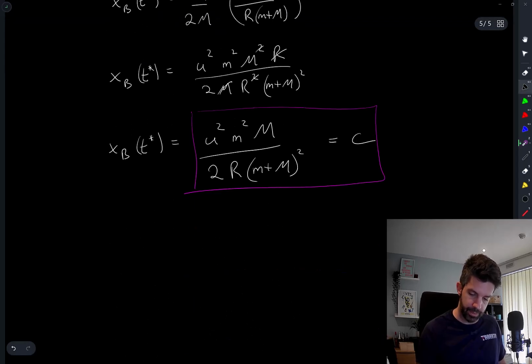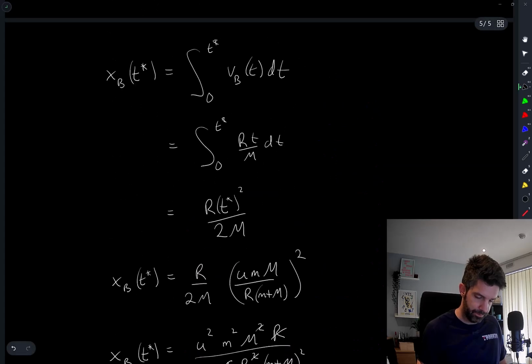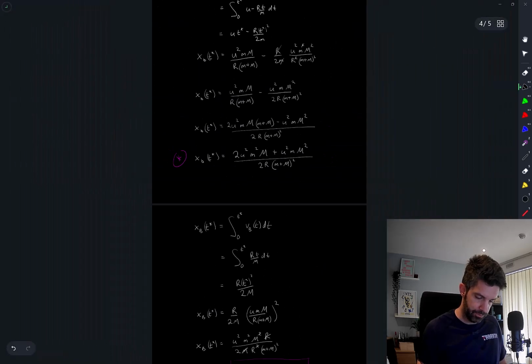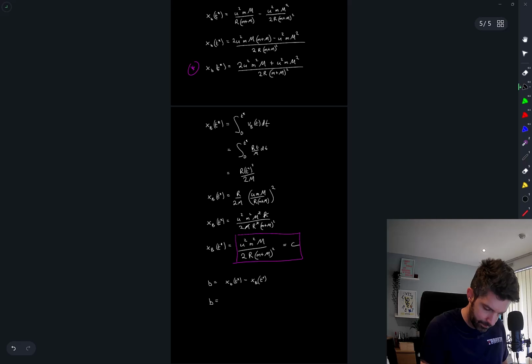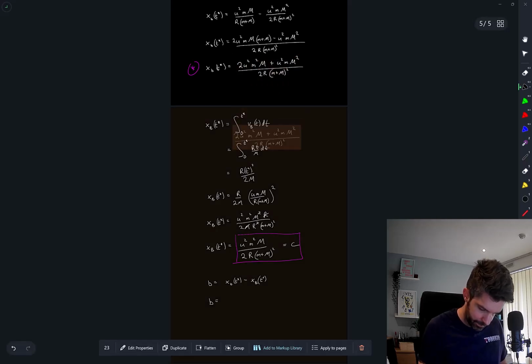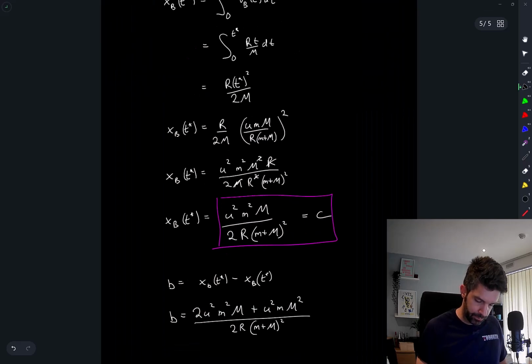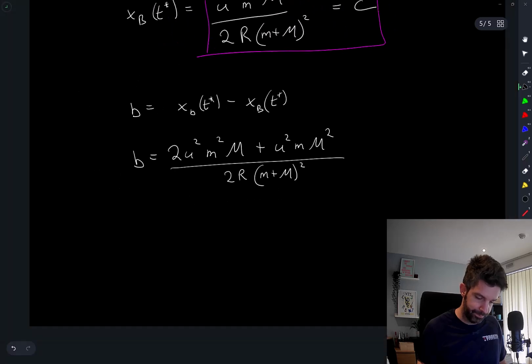So the quantity little b that we're asked for is going to be x sub b of t star minus x sub capital B of t star, which is, okay, let me just copy this. And we'll see if some stuff simplifies here.